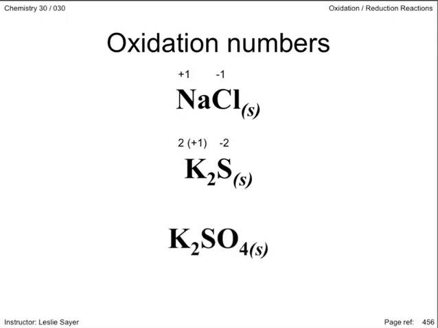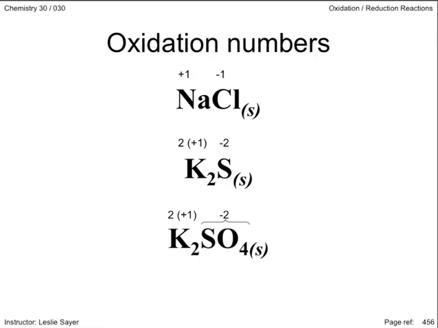Potassium sulfate, also an ionic compound, is complicated by the presence of a polyatomic anion. The potassium ion still has an oxidation number of positive 1, so there is a net positive charge of 2. But it's the sulfate ion that has a net negative charge of 2. But what are the oxidation numbers of the sulfur and oxygen atoms within the sulfate ion?